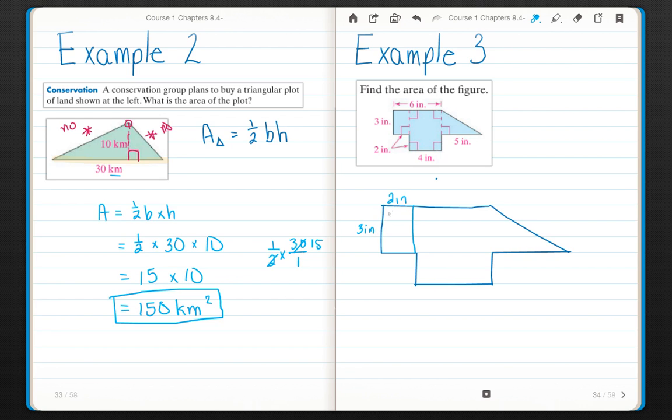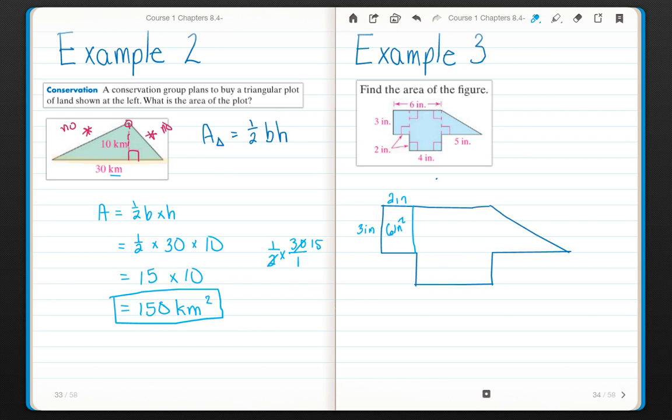So the area of this rectangle right here is 3 times 2, or 6 inches squared. Now notice that I copied the shape, blowing it up, making it bigger, into my work area. I'm going to recommend that you do the same so that you can label it, break it apart, figure out what you're going to do with it.